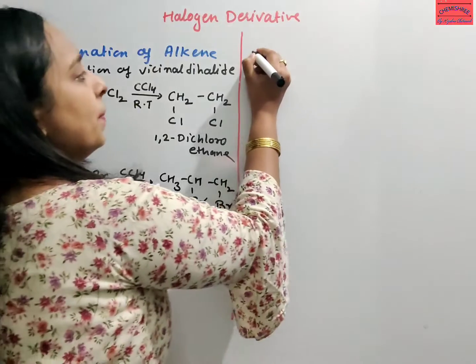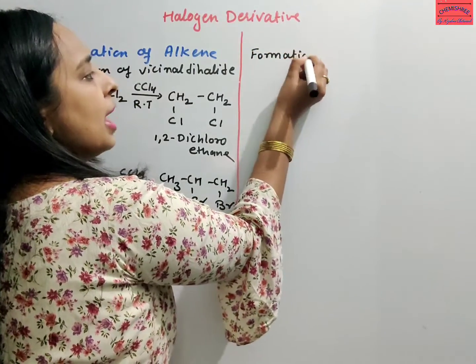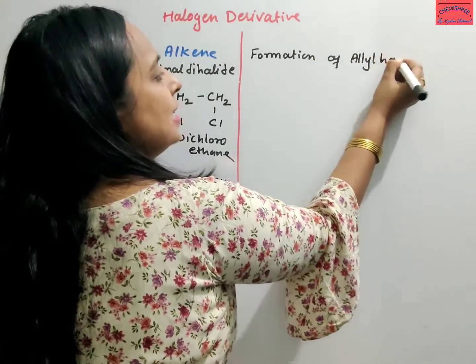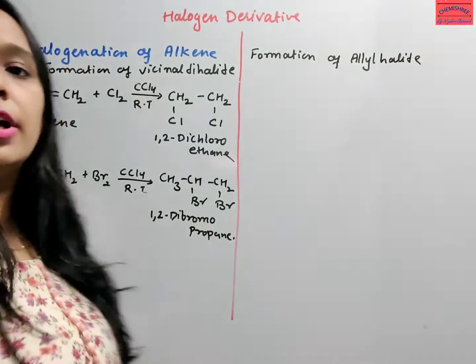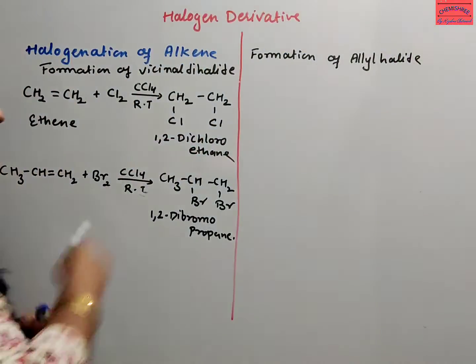And now we'll see the formation of allyl halide. That is also a halogenation reaction, but only conditions change. So let us see that reaction.